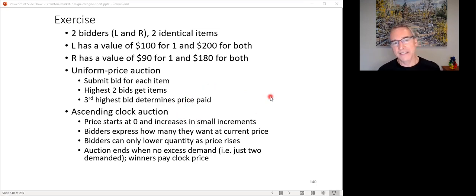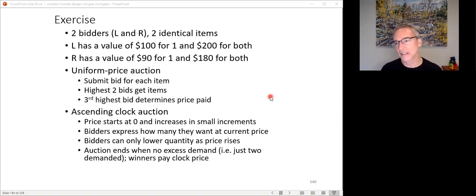Good. And this, like the jar of coins, I do this exercise all the time, and it always ends this way. The bidders do not do the demand reduction that they should be doing. It's a bit more intuitive than the winner's curse, but still, the bidders need some training and experience in order to make sure that they're engaging in demand reduction in the right way.